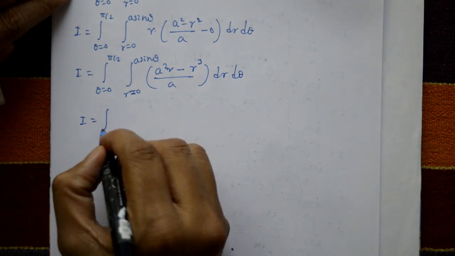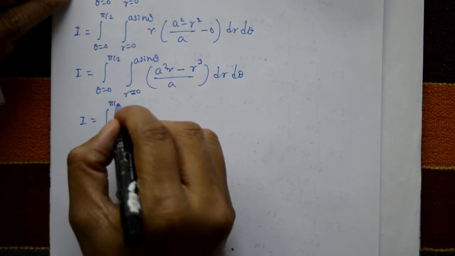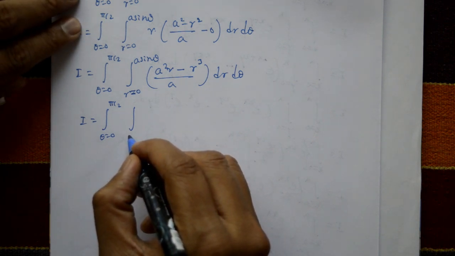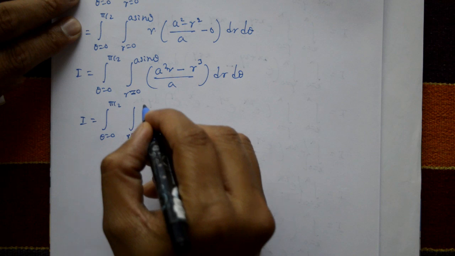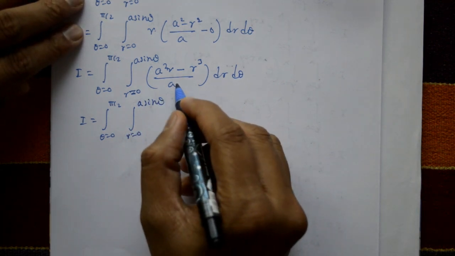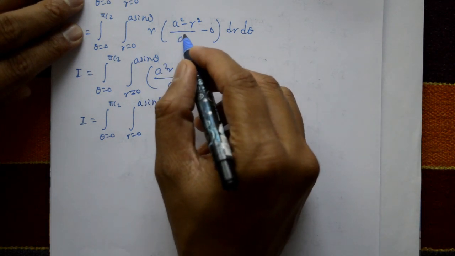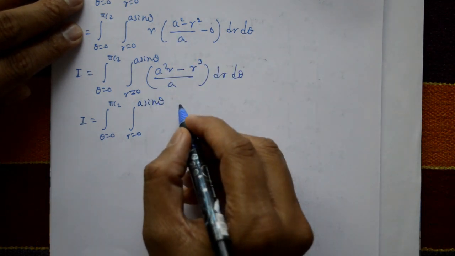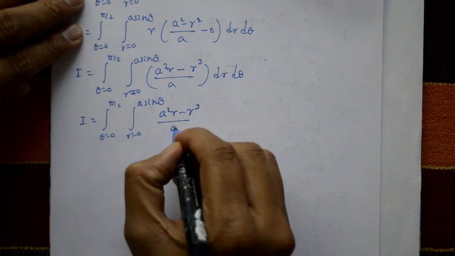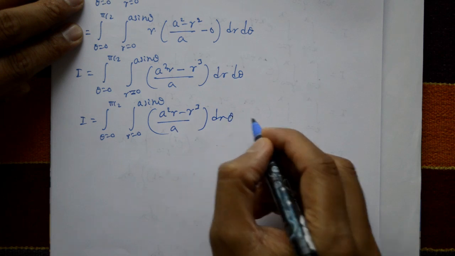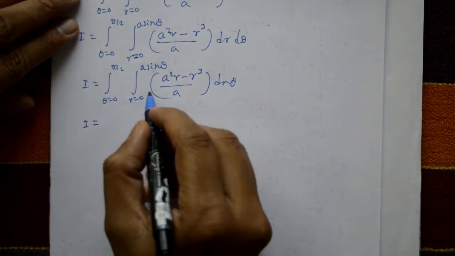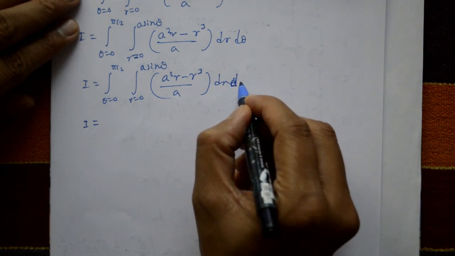Now I is equal to the integration of theta from 0 to pi by 2, integration of r from 0 to a sin theta, and 1 by a, as it is, a square r minus r cube divided by a, dr d theta.